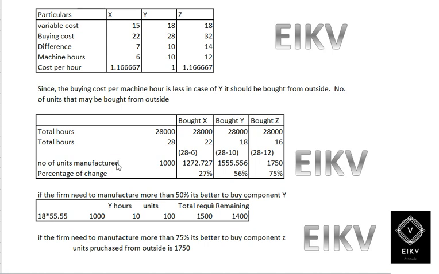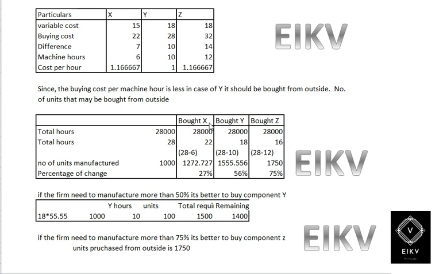Therefore the number of units which can be manufactured will be 28,000 divided by 22 if X is purchased, 28,000 divided by 18 if Y is purchased, and 28,000 divided by 16 if Z is purchased. Then we have 1272 units, 1555 units and 1750 units. So the changes will be 27, 56 and 75 percent.